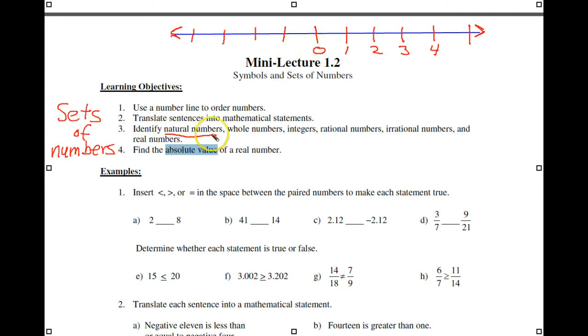So, for natural numbers, the set of natural numbers, we're thinking the numbers 1. That's the first number, the first natural number. 2, 3, 4.